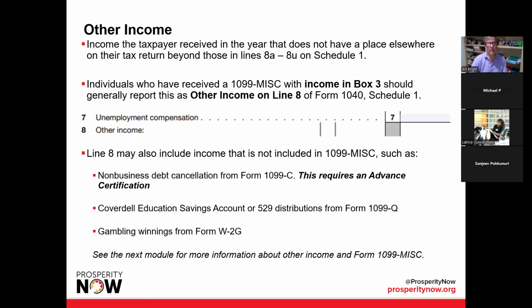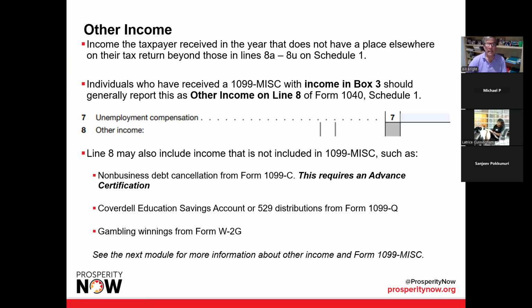Okay, other income. Let's see. This is generally something we don't see. Clients could receive a 1099 miscellaneous for a one-time gig, so to speak. I use this example all the time.